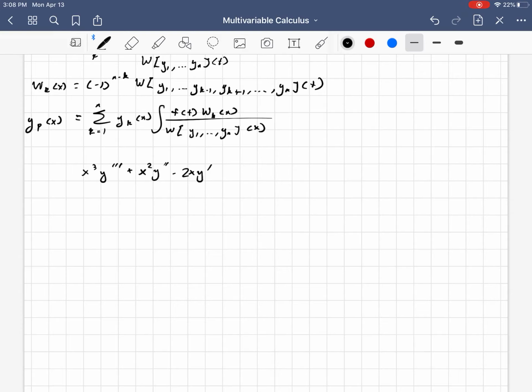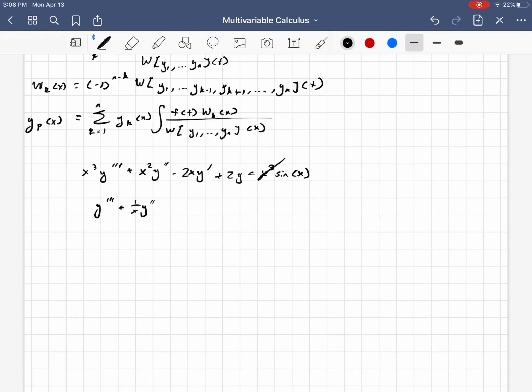Okay, let's consider x cubed y triple prime plus x squared y double prime minus 2x y prime plus 2y is equal to x cubed times the sine of x. One thing you should do immediately is say, I don't really like that coefficient in front of the y triple prime.